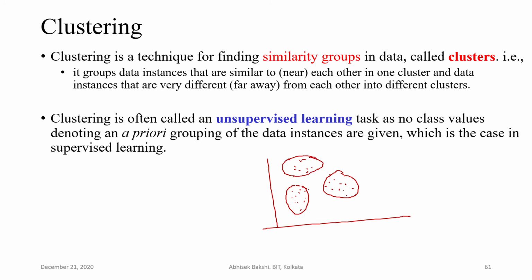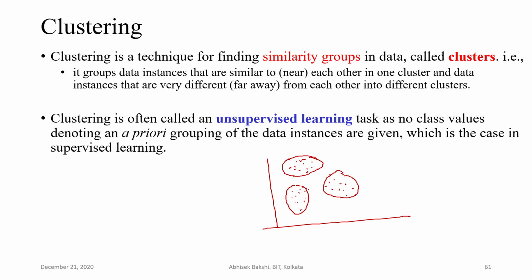So what is the property of these generated clusters? Each and every point within a cluster is very near. But if you consider two points from two different clusters, they will be very far. If these two measures are not maintained for each and every point, then the cluster has not been properly created.